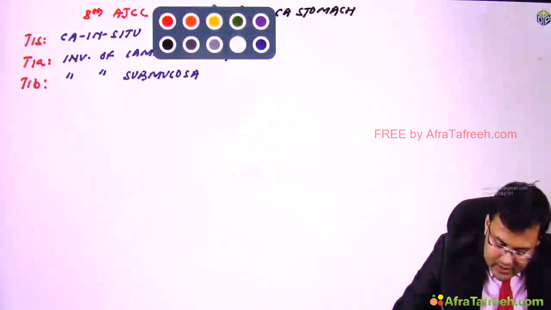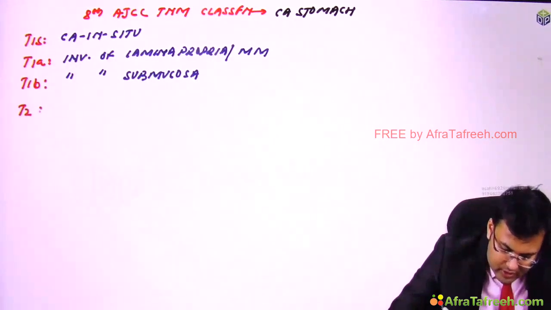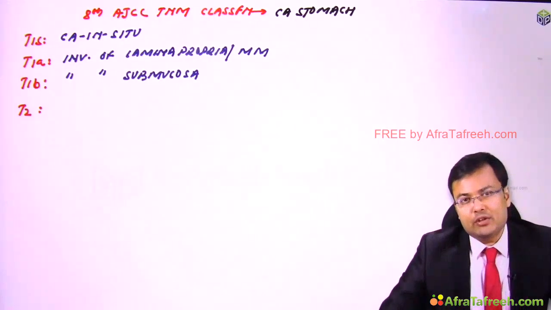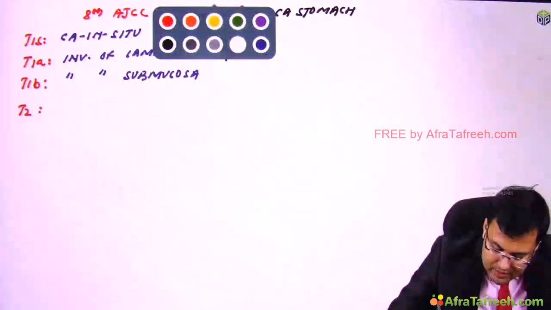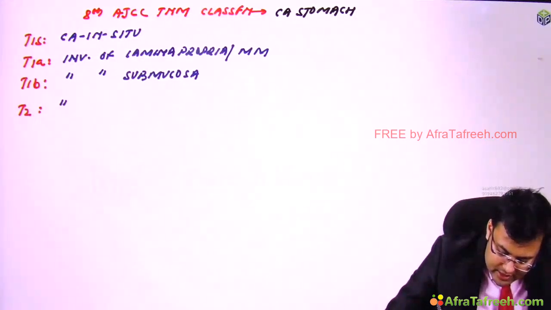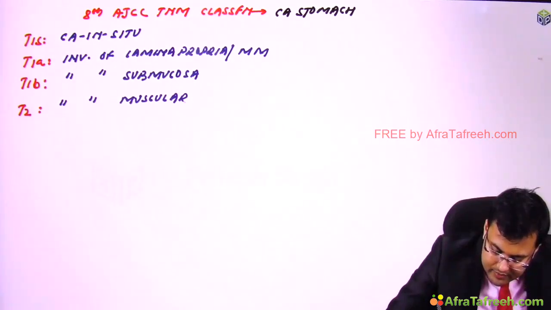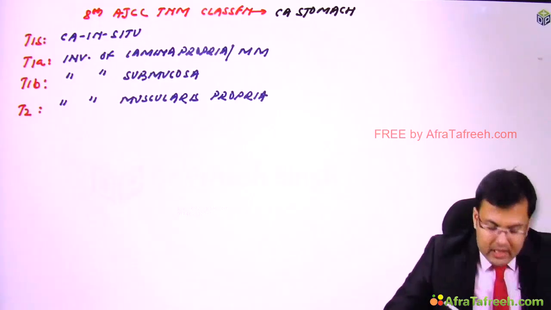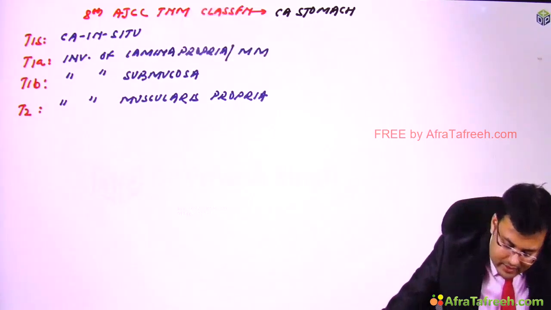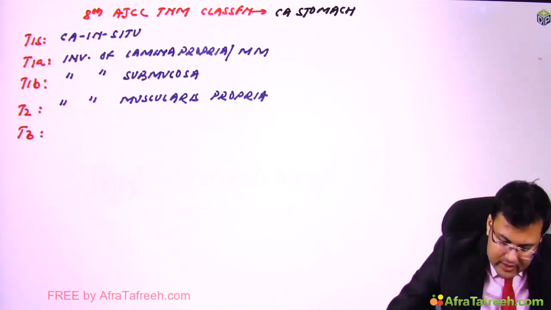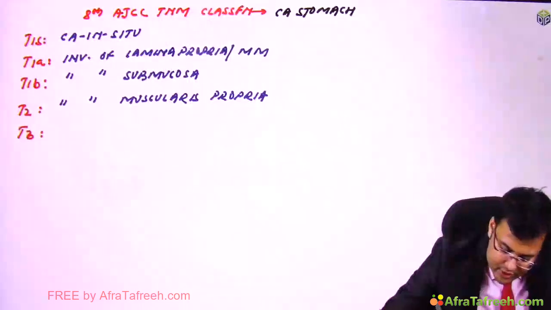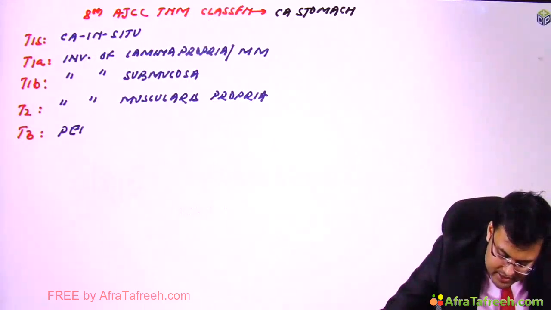After that, T2, which layer is located just below submucosa, is the muscularis propria. So there is involvement of muscularis propria. Now in T3, tumor penetrates subserosal connective tissue.